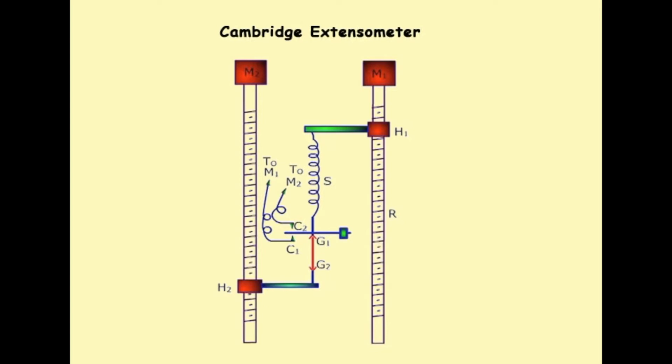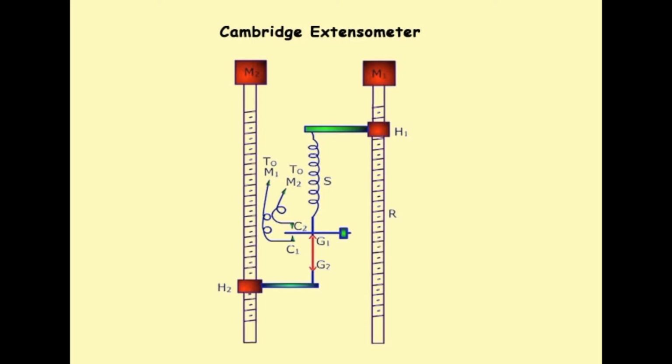The extension of the specimen causes the leaf spring to be deflected upwards and touch the upper contact C2. This switches on the motor M2, causing the lower grip H2 to move downwards for a shorter period and so take up the tension. The leaf spring is pulled off from the upper contact and the motor M2 is switched off. This cycle continues till the specimen breaks.